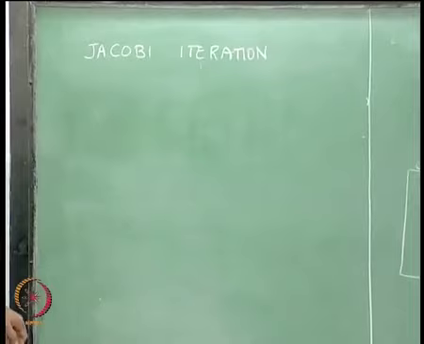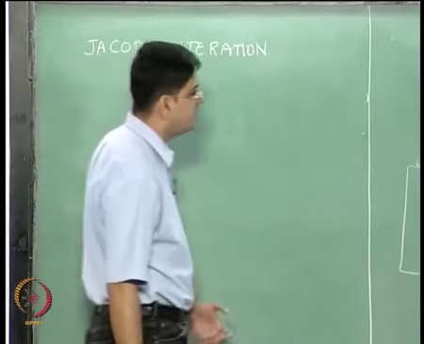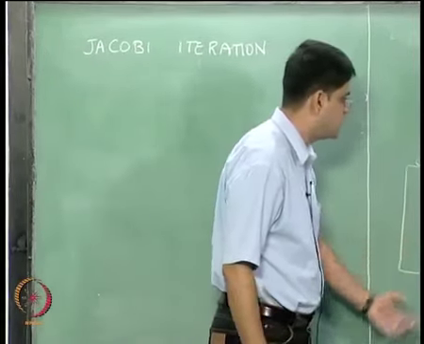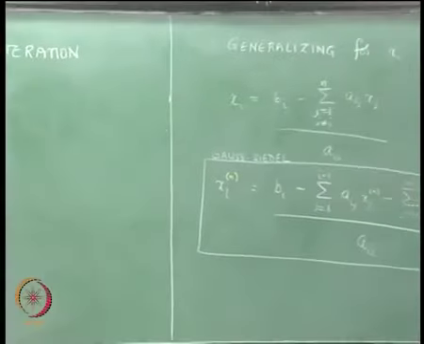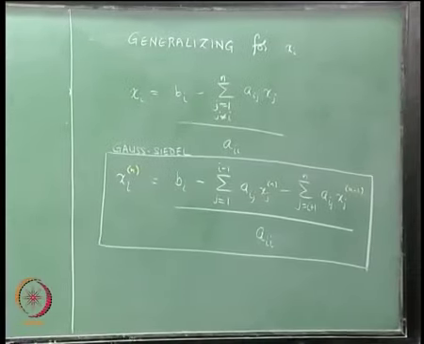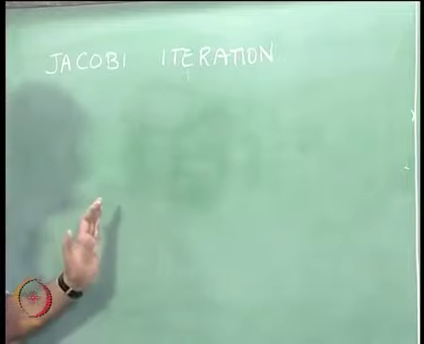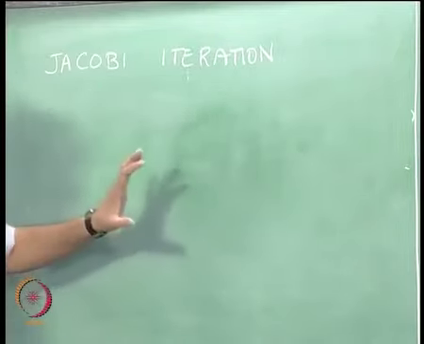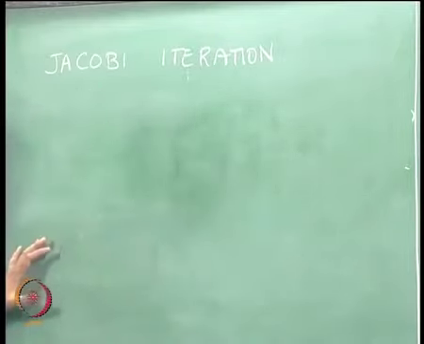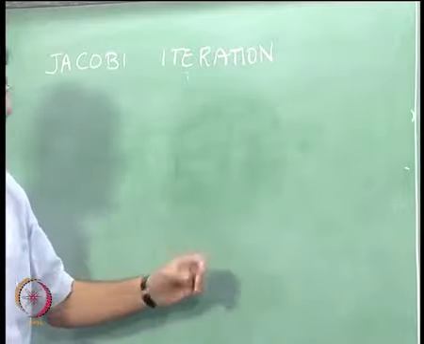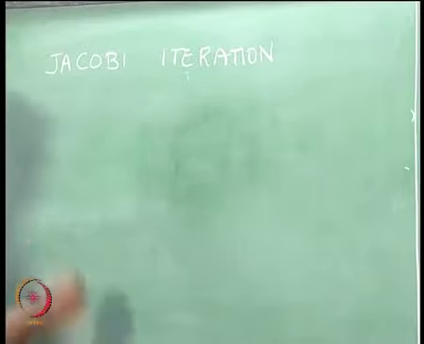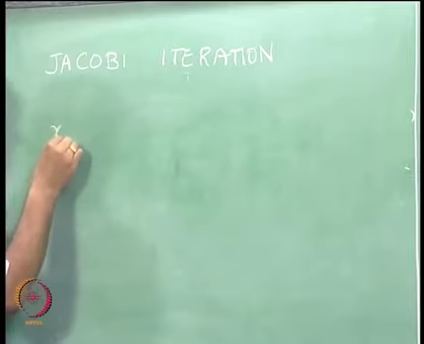In Gauss-Seidel iteration, we just keep the latest values of x1, x2 up to xn. In the Jacobi iteration, we do not keep only the latest value, we also keep the previous value, and we iterate based on only the previous values of x and not the most current values of x. So the equation that we had for Gauss-Seidel, we will just change it.